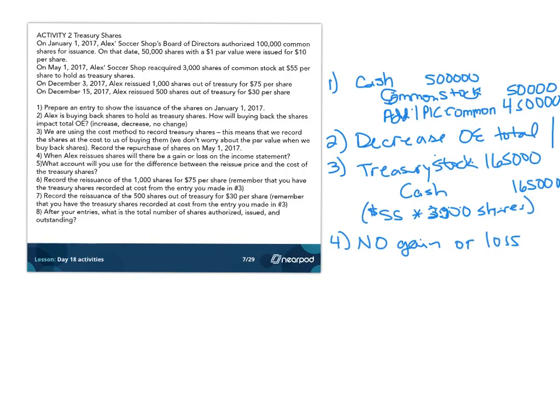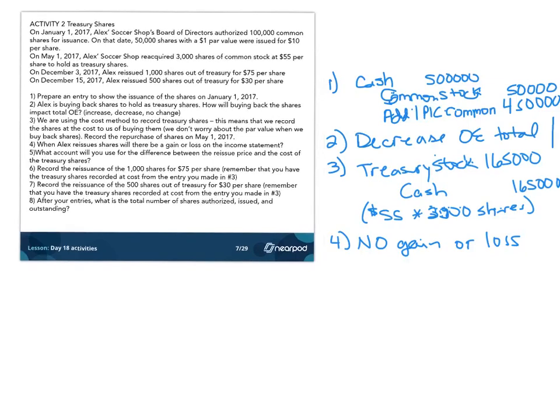If we could, imagine what would happen. Managers would buy their own shares to sit on them for a quarter when they needed more income, and then if they could sell them for a gain, they would sell them, and it would look like they'd made money when in fact they're just buying and selling their own shares. Okay, so there's no gain or loss when we buy back our own shares.